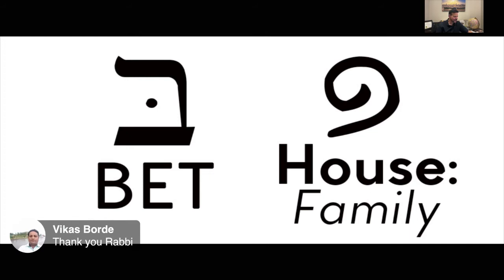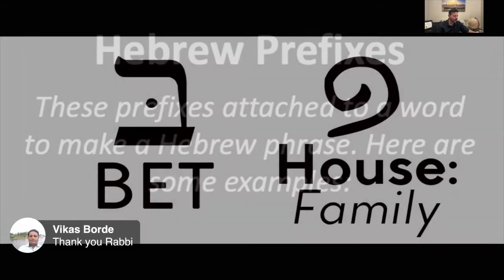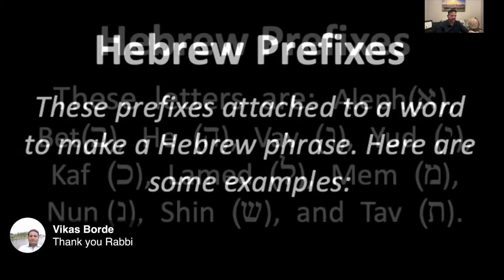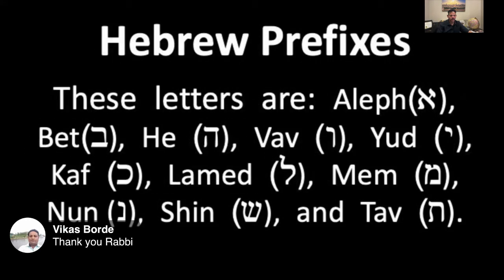We see that it's important to understand how these prefixes work, because the prefix in front of the word cheder was going to change it from room to in the room. So we talked about how we have prefixes that attach to a word, and we have 11 of them out of 22.